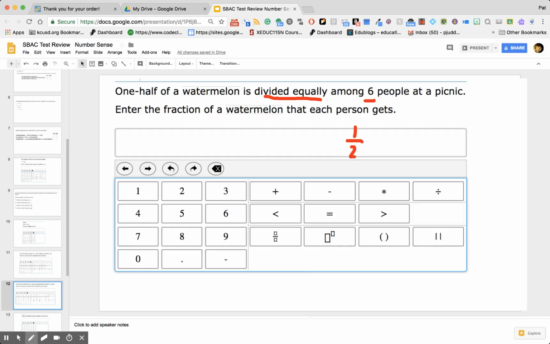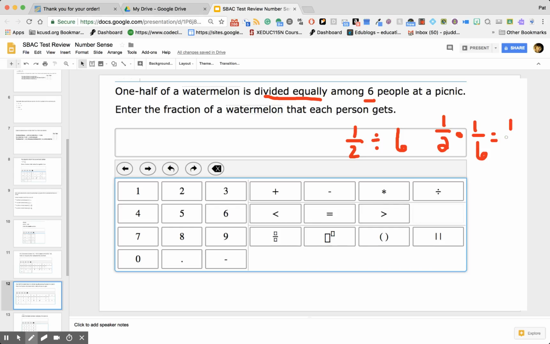So you're going to have 1/2 divided by 6. I want 6 equal servings. You're going to use the inverse of division, which is multiplication, and I'm going to use the reciprocal for 6, which is 1/6.